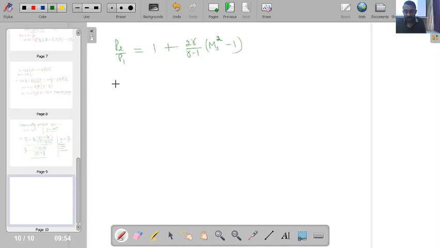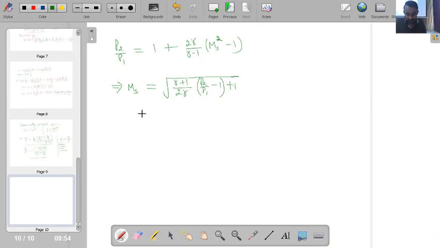From this I can also relate Ms in terms of pressure ratios. So Ms from here comes out to be the square root of gamma plus 1 upon 2 gamma times P2 by P1 minus 1, plus 1. This is another interesting relation which we have obtained from here.